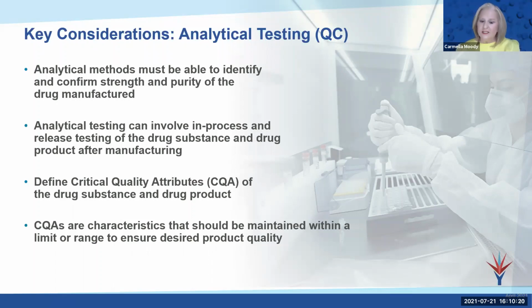And so you need to identify those critical quality attributes using a well-qualified method early on. And again, those critical quality attributes are the tests that you will generally put a specification or a limit on.